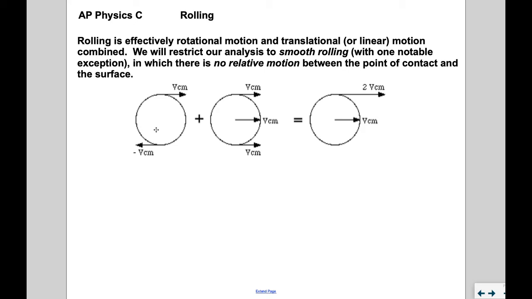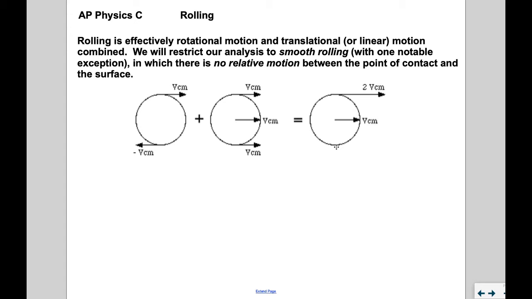If we consider the translational motion, the linear motion of the entire object as it moves to the right, the entire object is moving with the same linear velocity. So what we find is that, in particular, the point of contact, because there can't be any relative motion here, when we combine the two velocities, the one that's due to the rotation and the one that's due to the translation, they need to cancel out at the point of contact.